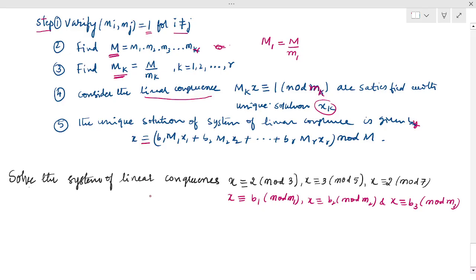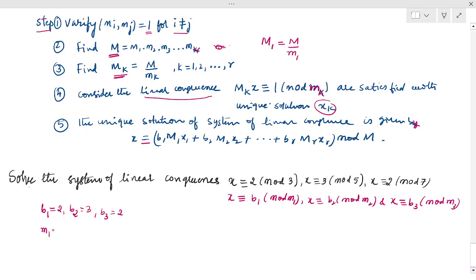By comparison, b1 is 2, b2 is 3 and b3 is 2.